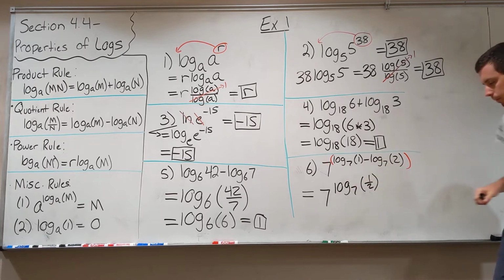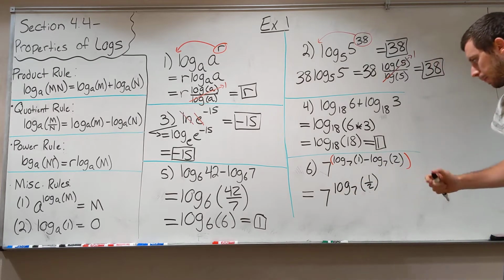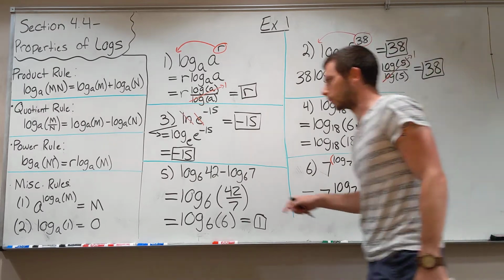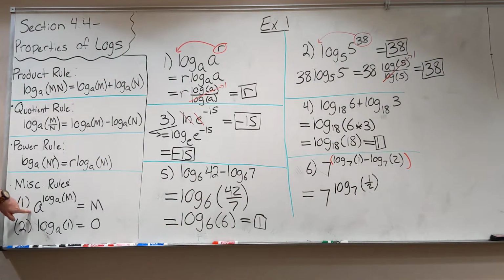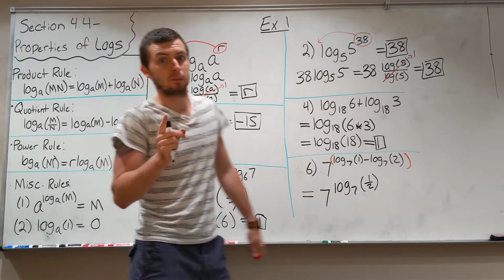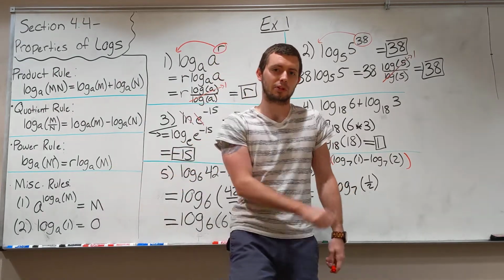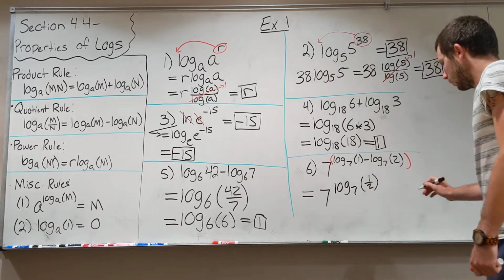So finally, we look at this and we notice this is actually one of those miscellaneous rules. Notice it's right here. It's a base raised to a logarithm. And this is the only example I've found, other than restating the definition, where I've seen this problem.